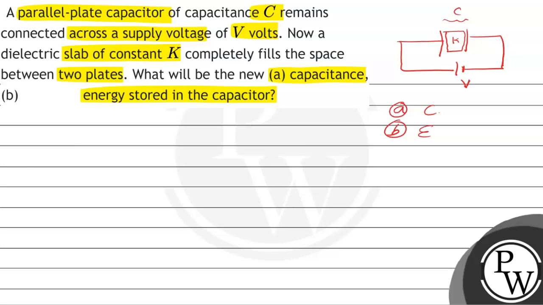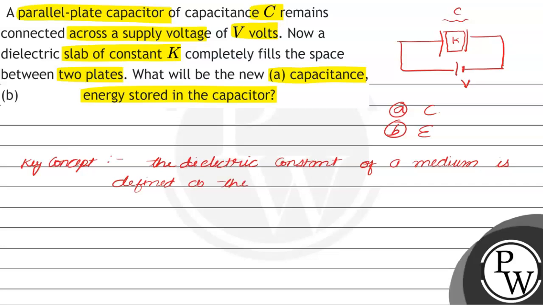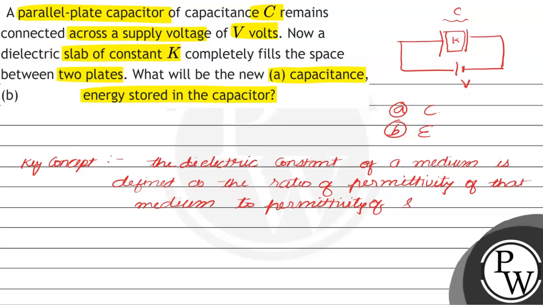For that, please note the key concept of this question, which says that the dielectric constant of a medium is defined as the ratio of the permittivity of that medium to the permittivity of space.